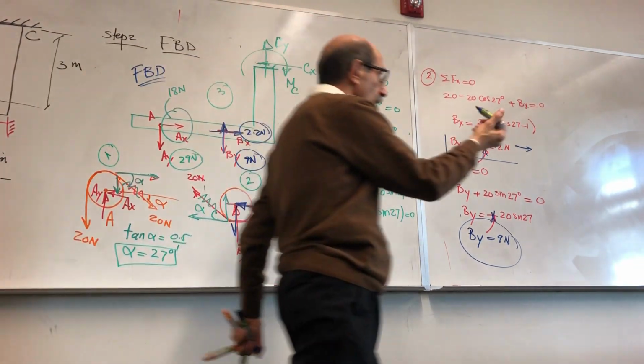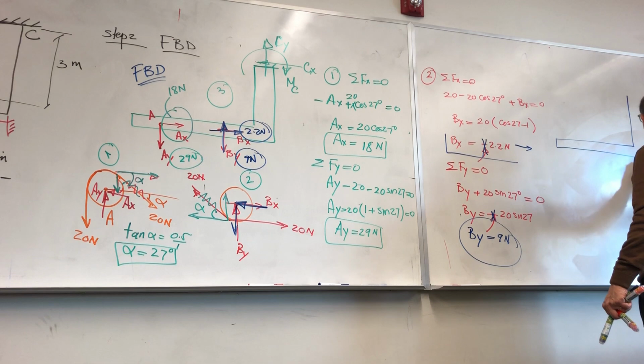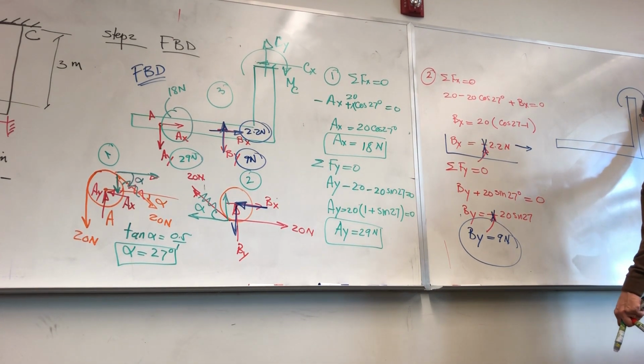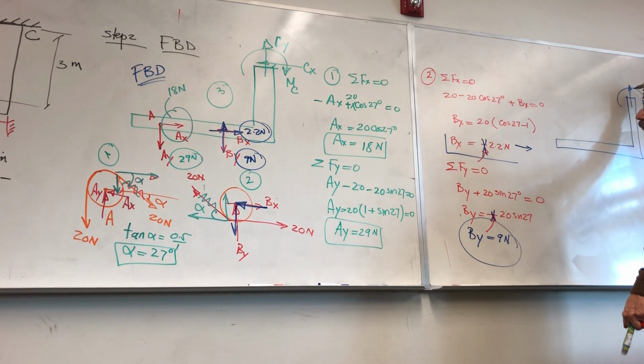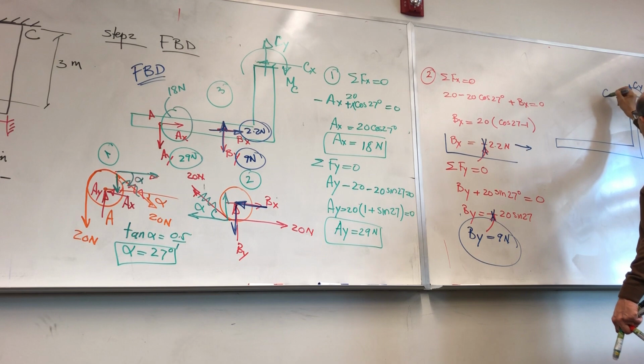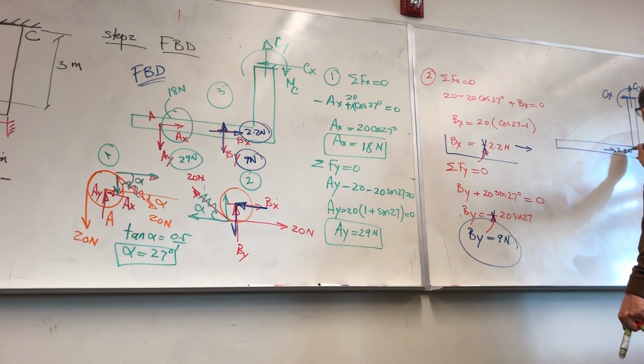Or if you want, I can do a clean one here. So this is C, where you have this unknown moment, unknown vertical force, unknown horizontal force. You have 2.2 Newton here.